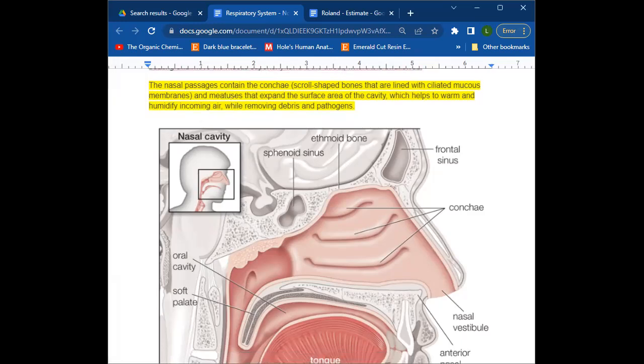And then also meatuses that are supposed to expand the surface area of the cavity. And it's supposed to help warm and humidify the incoming air and also remove debris and pathogens from the incoming air.